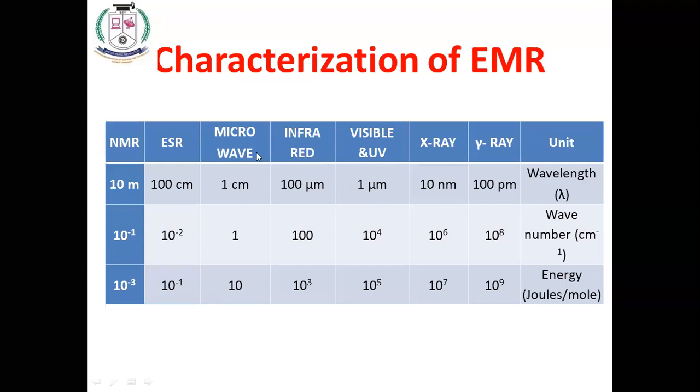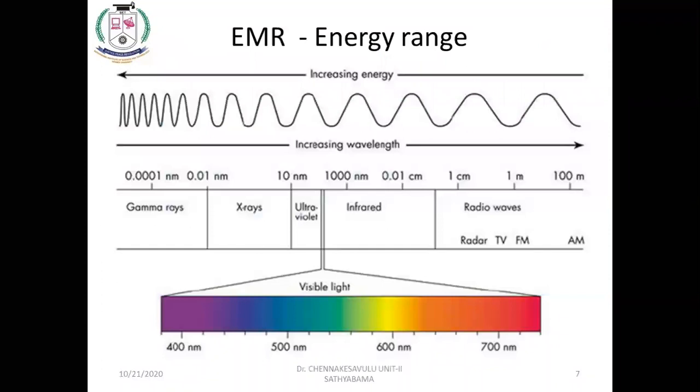From gamma rays to radio waves, energy is decreasing, the wave number is decreasing, and the wavelength is increasing. Keep in mind the relation between wavelength, wave number and energy. Just by seeing these formulas or these values, we can remember.